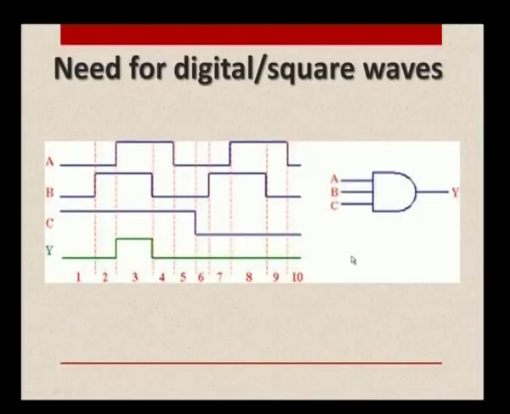That is why the topic waveform generators is given for this lecture. So far I have taken the topic in this manner to emphasize why these square waves are important for digital circuits. Now we are likely to learn how we generate the waves, square waves.